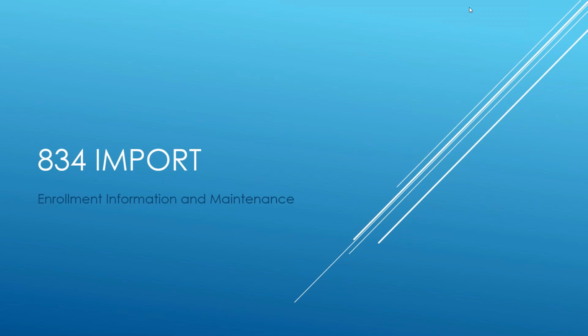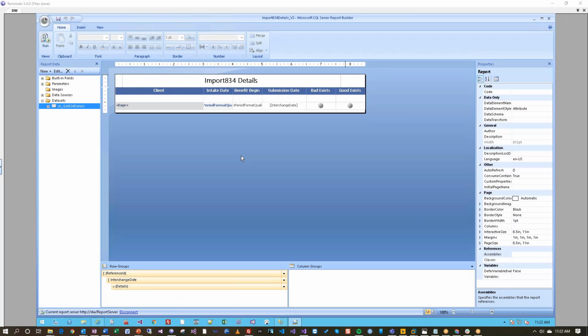There's a lot of client information in these, so I can't really show a lot of the reports we're working on, but I can show just one of these that we're working on right now.